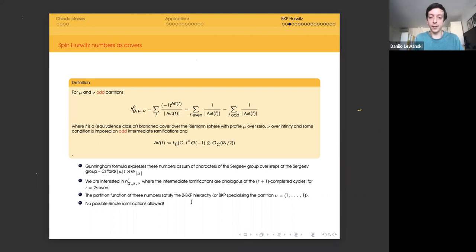And that's it. That's the easiest to study. But here, because all the ramification profiles should be given by odd numbers, 2 is not odd, so you don't have it. The simplest possible problem in this setting is 3. So you start from completed cycles which are non-trivial. So the easiest thing is hard in the spin case.